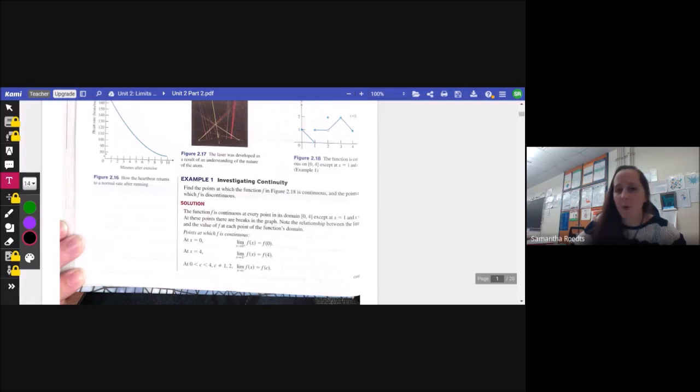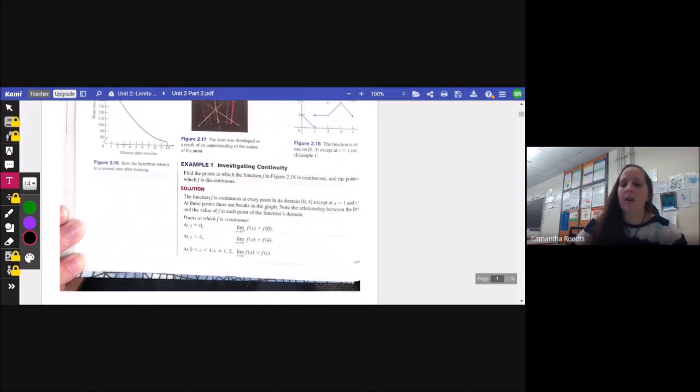At x equals 4, we can look at the limit as x approaches 4 from the left. Coming from the left, it appears f goes to 4. For c between 0 and 4, where c does not equal 1 or 2, the limit of f of x as x approaches c equals f of c.